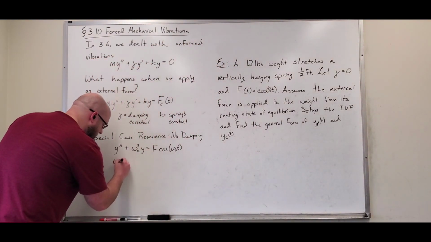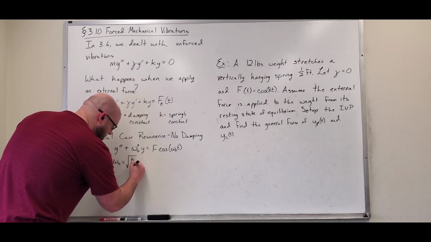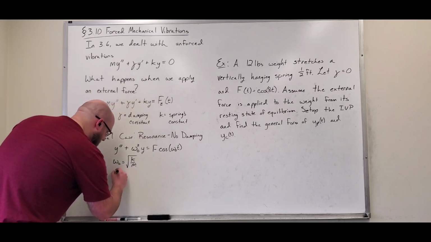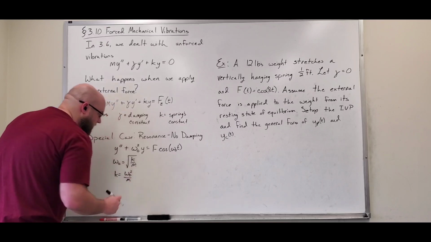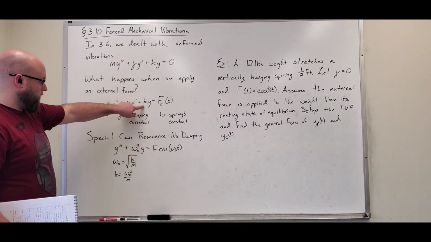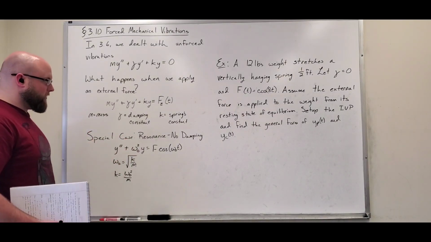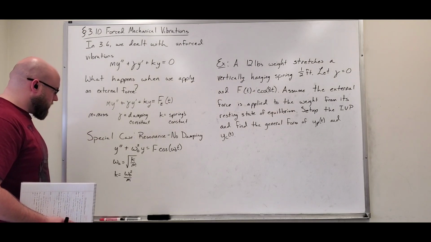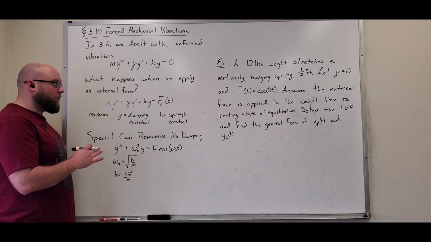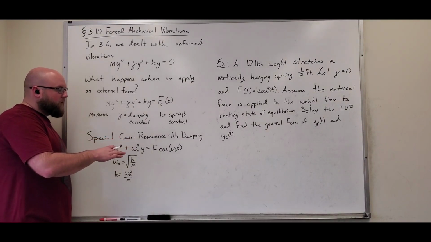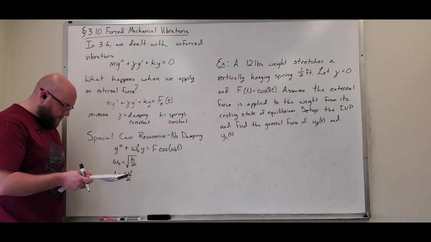Omega sub 0 is equal to the square root of k over m. In that case, k was equal to omega squared times m, and once we divide by m all the way through, notice that we get omega squared. So it's not that we just made this up. This is what we're going to be dealing with. We're also looking at a very specific external force being applied: a sinusoidal force applied to our system.